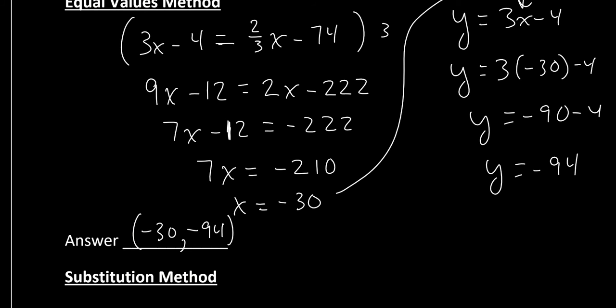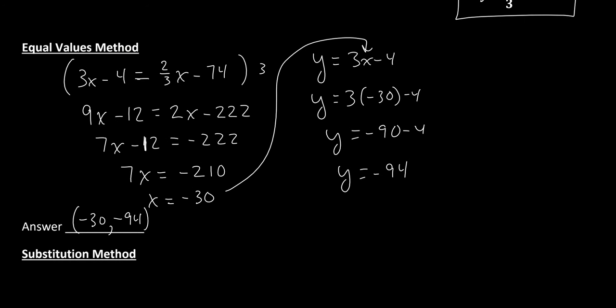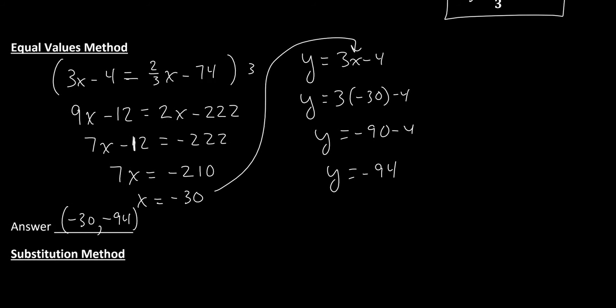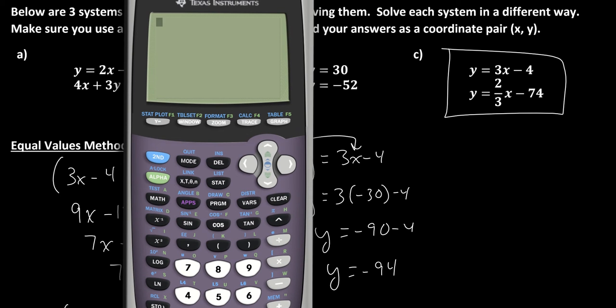Now it's worth plugging those values in and verifying that it works. So in each of these equations, if I enter negative 30, I should get negative 94. And essentially I've checked the first one already, because when I put in the negative 30, I got negative 94 for that top equation. Let's check the second equation.